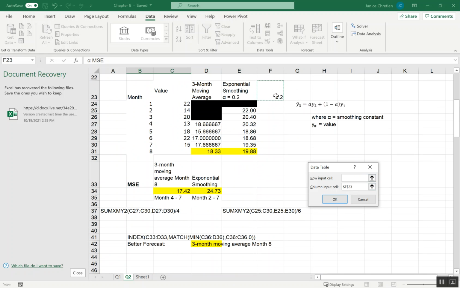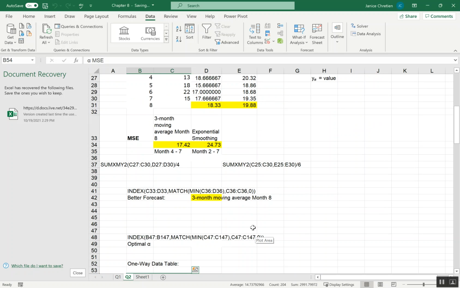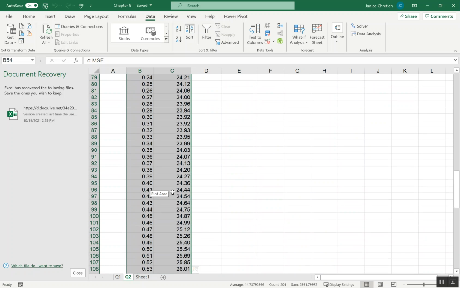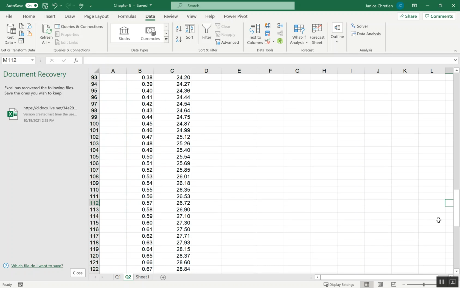Remember from the beginning, going back to that, I tell it okay, and it built my table for me. So there's 101 values there. Remember, because I'm doing trial and error, that's my trial and error. So let's go back up here.